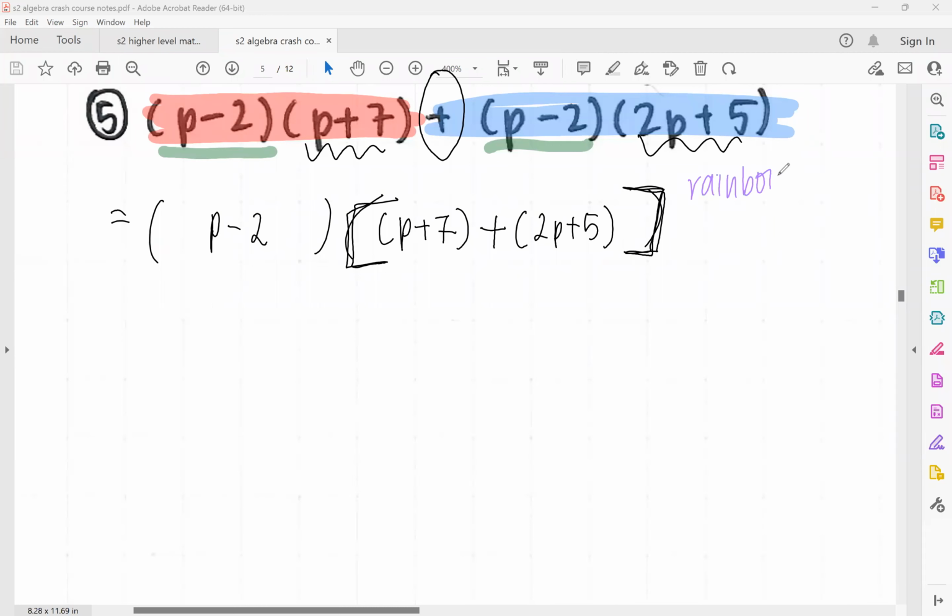Rainbow who to who? Refer to the just now example. Rainbow who to who? If you actually copied the notes correctly. Rainbow the plus to who?